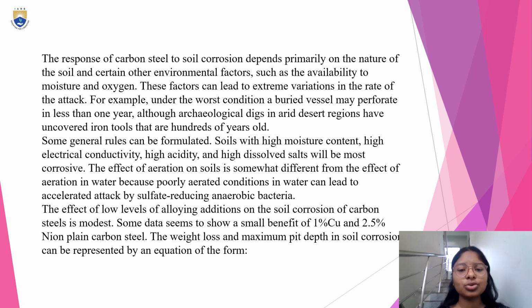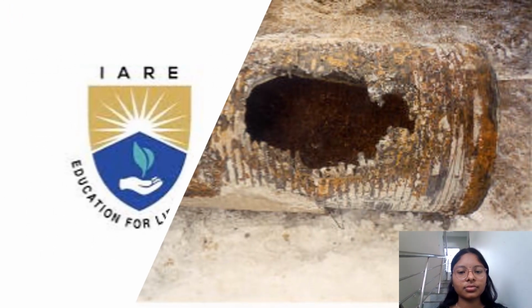Some data seems to show a small benefit of 1% of copper and 2.5% of nickel in plain carbon steel. The weight loss and maximum pit depth in soil corrosion can be represented by an equation of the form. So this is a picture of the soil corrosion.